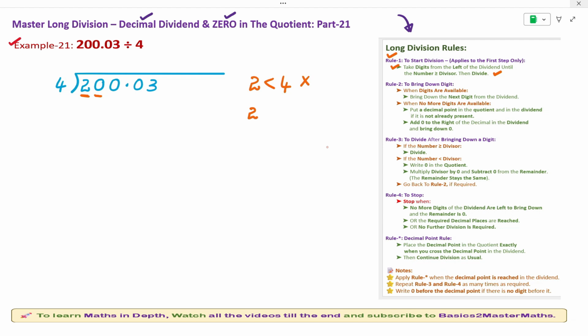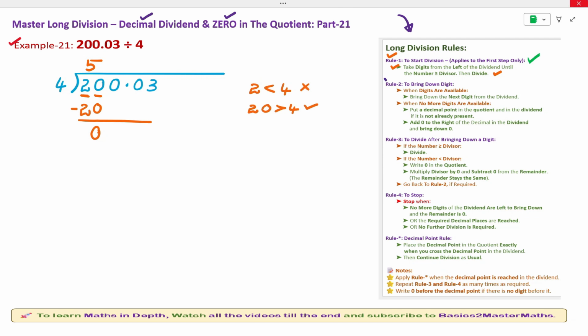Now, the number becomes 20, which is greater than the divisor 4. So, divide. 4 5s are 20. So, you will get 0 as the remainder. Now, rule 1 is complete.